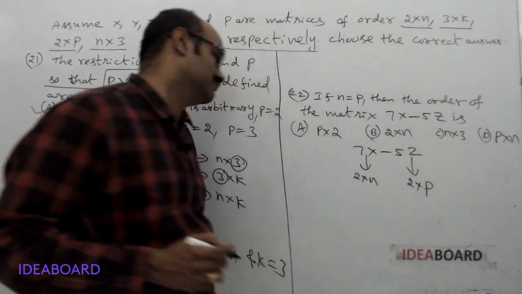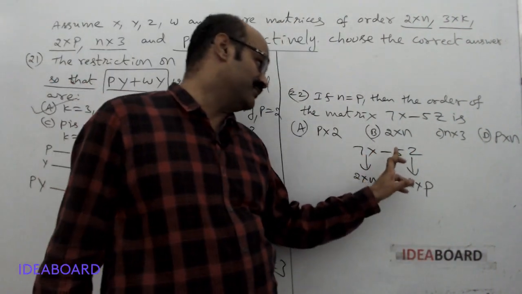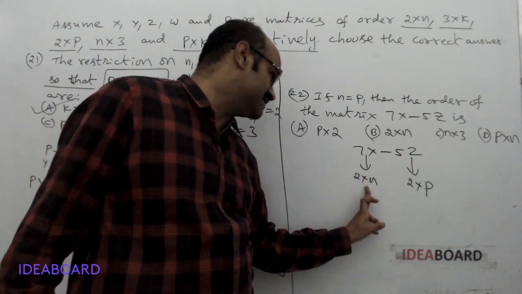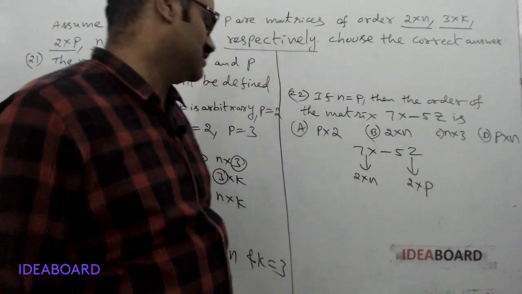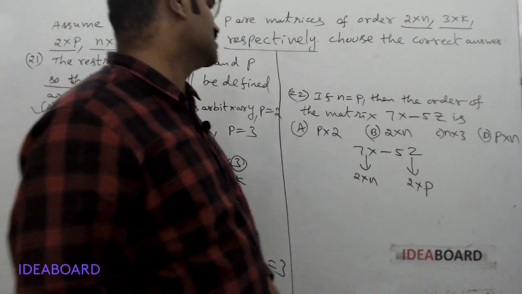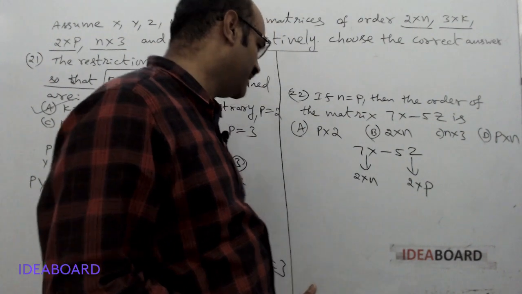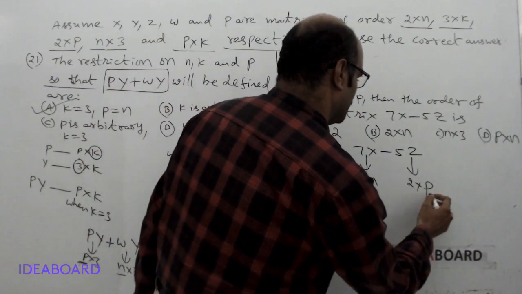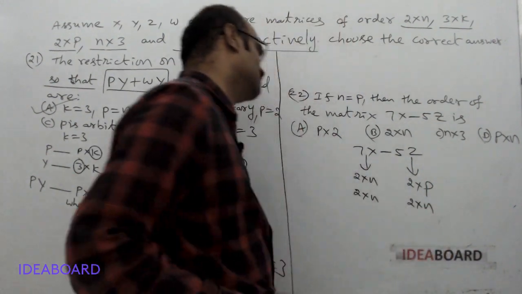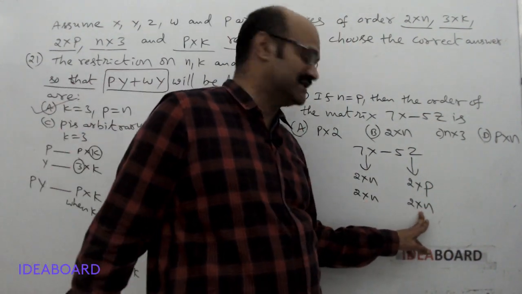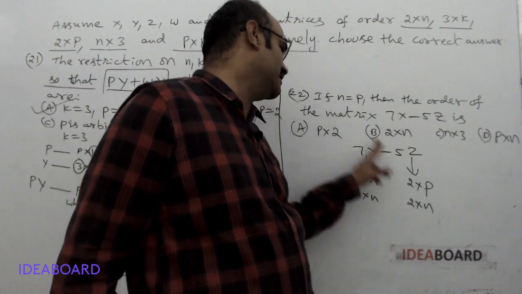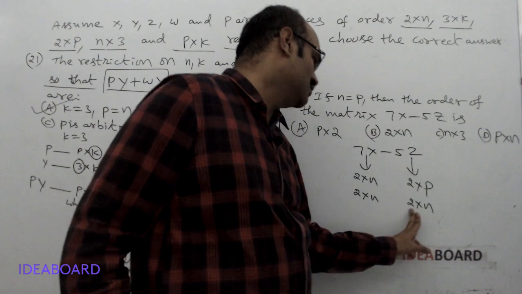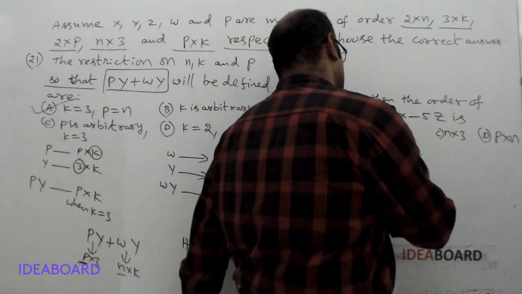If you want to subtract 5Z from 7X, the orders must be the same. Also, it is given that n equals p. Taking p equal to n, we get 2 by n minus 2 by n. Since the orders are the same, the order of the matrix 7X minus 5Z is 2 by n. Option B is the correct answer.